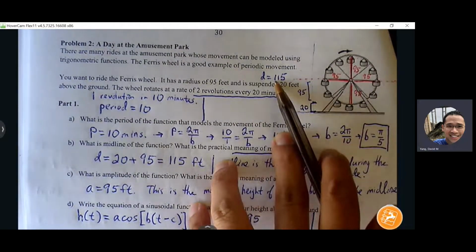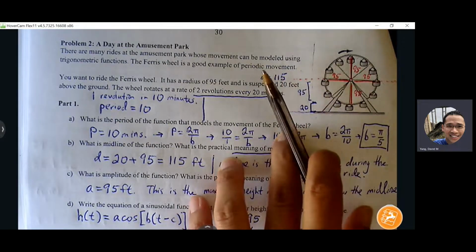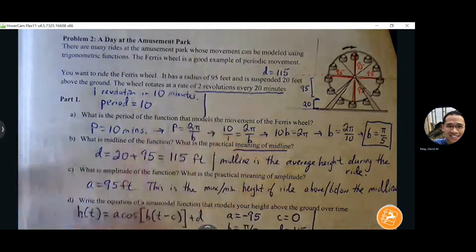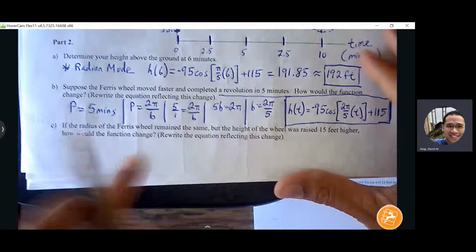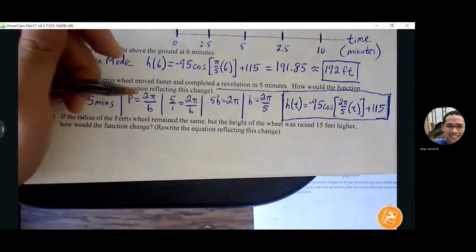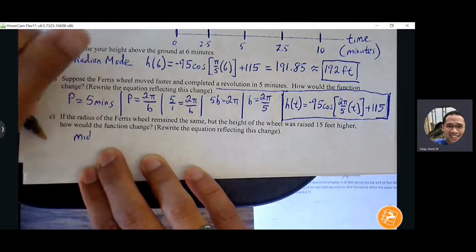Yeah, you just add 15 to the d value, right? If I shifted everything up 15 feet, then I'm able to fulfill this condition. So the midline would change.